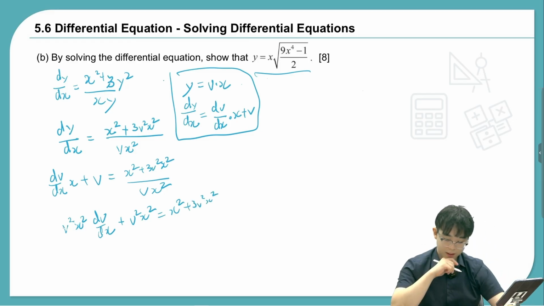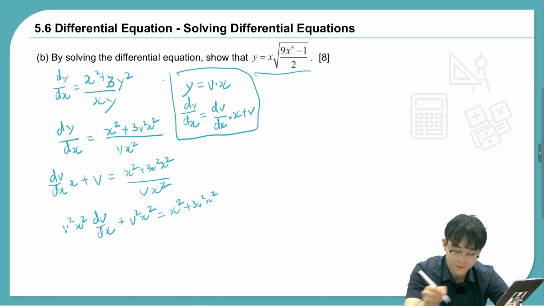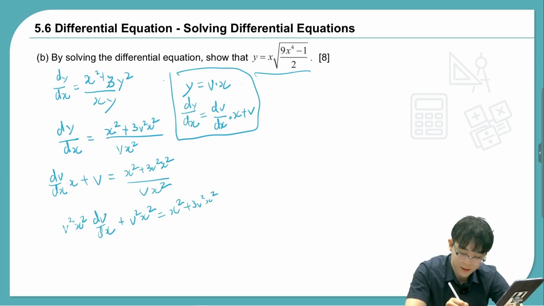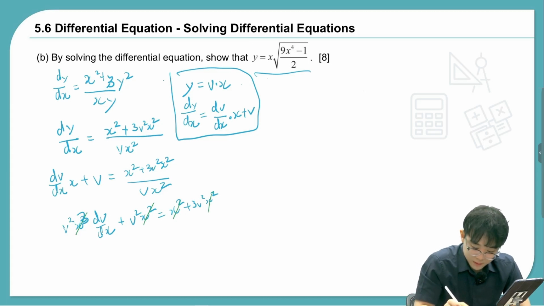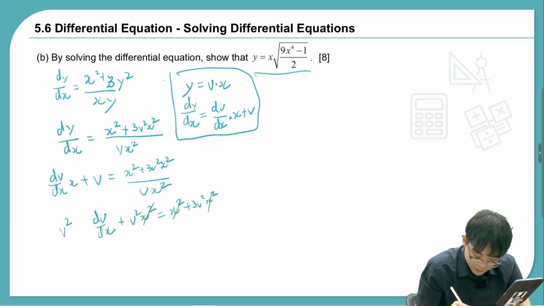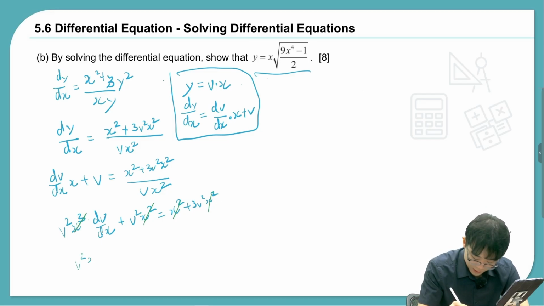Then we can try simplifying further by dividing by x squared. If we divide the x squareds out, we would get an x cubed here.